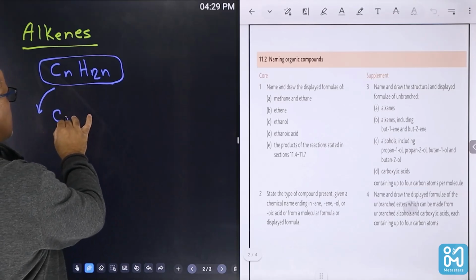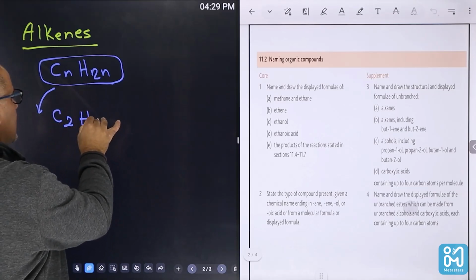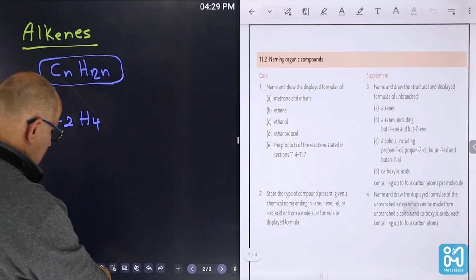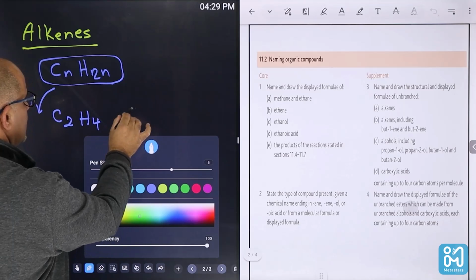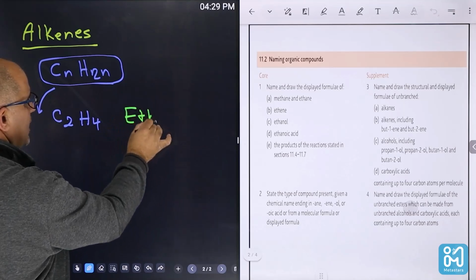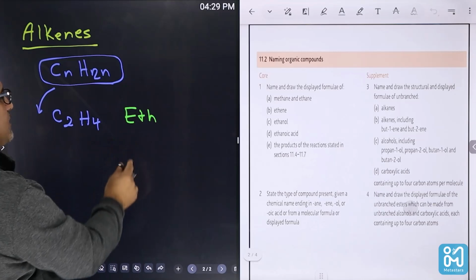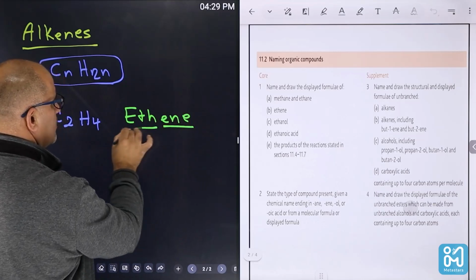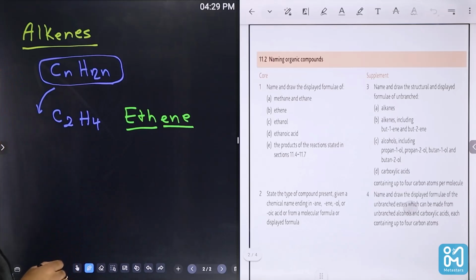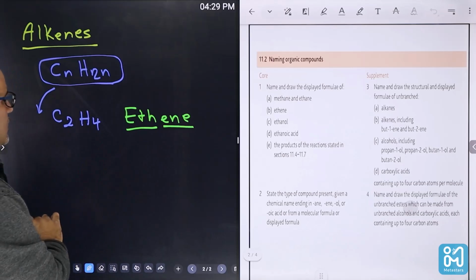For example, C2H4, that's the simplest alkene, which is named what? It's named ethene. So it is eth, the prefix, and we add the suffix from the name of the homologous series. That's where we have the 2 parts of naming.